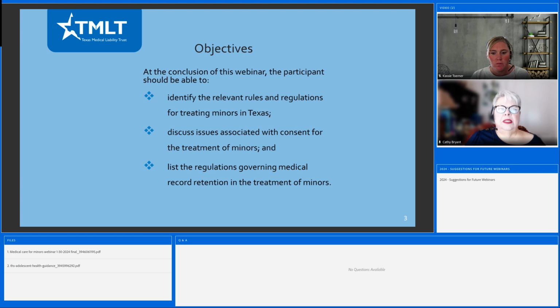We'll talk some about consent for treatment of minors, and we will talk about the regulations governing medical records retention.